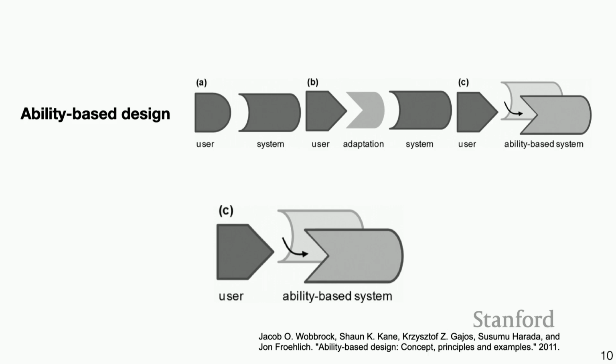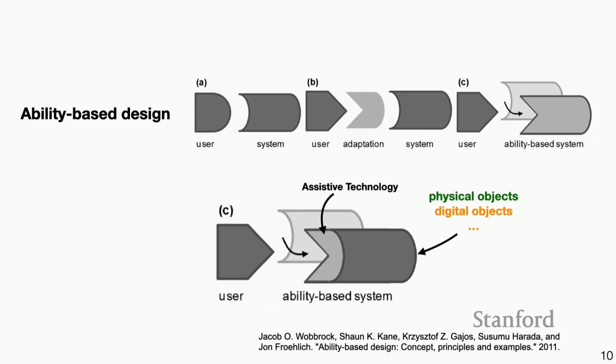So in some sense, the current digital accessibility ecosystem is already designed in this way. But breaking this down, I think ability-based systems have really two parts. One part is the physical and digital objects to be accessed. And the other part is the assistive technology layer that works with that information to present it to the user.